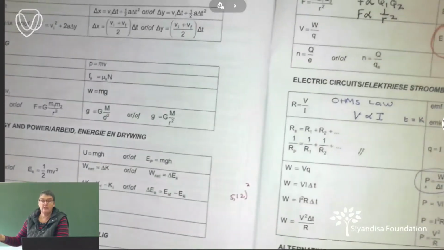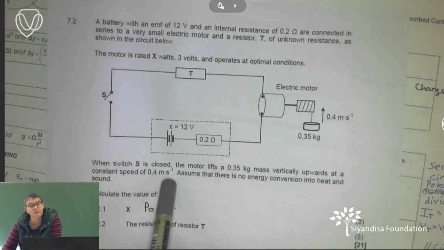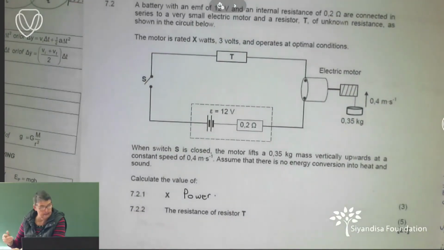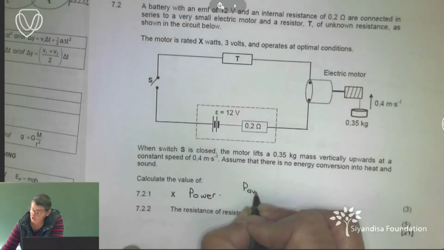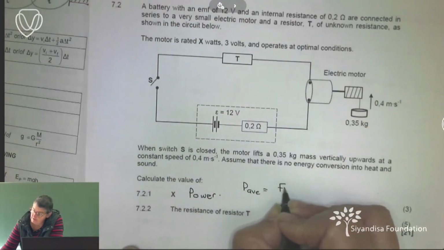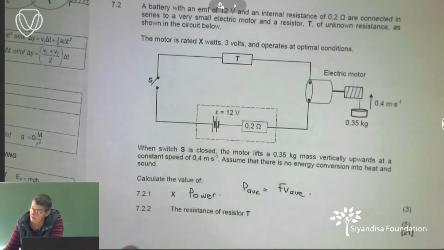Okay, and here you can actually see quite nicely, they've given you your average velocity. They say it's a constant speed. So what you could have done here is said power average is equal to F times V average. Now my first question is, can you remember how to get F?